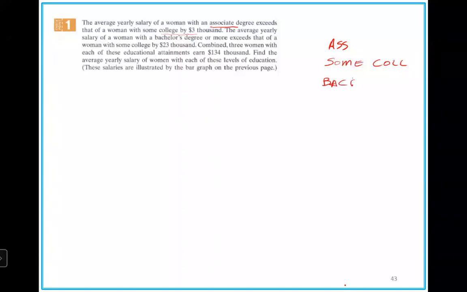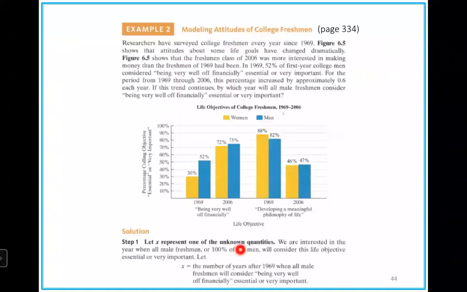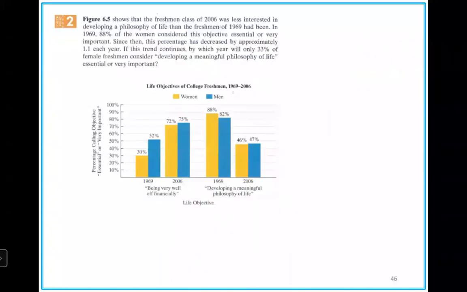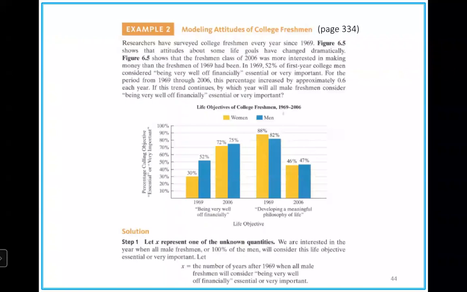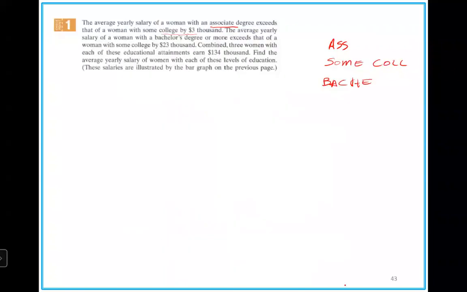Okay. So some college, you say, so we could say let X represent, remember. So X would represent some college. Okay, so if X represents some college, the associate degree would be represented by what?